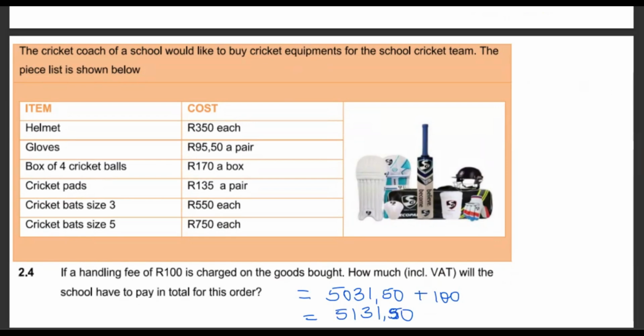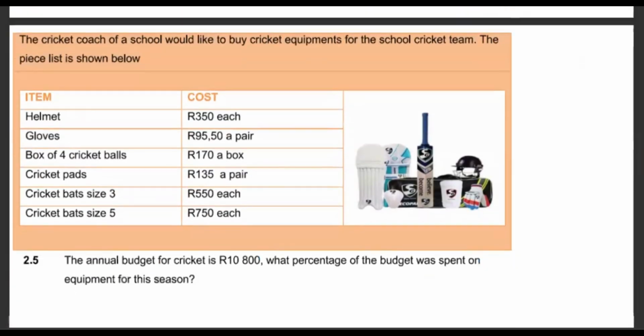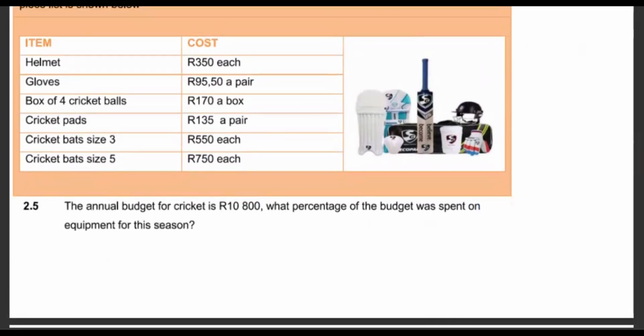Okay, we come to the other question there. We shall say, the annual budget for the cricket is 10,800. What percentage of the budget was spent? So remember, we have spent 5,031 rands, 50 cents. So it will be that much over 10,800 times 100.